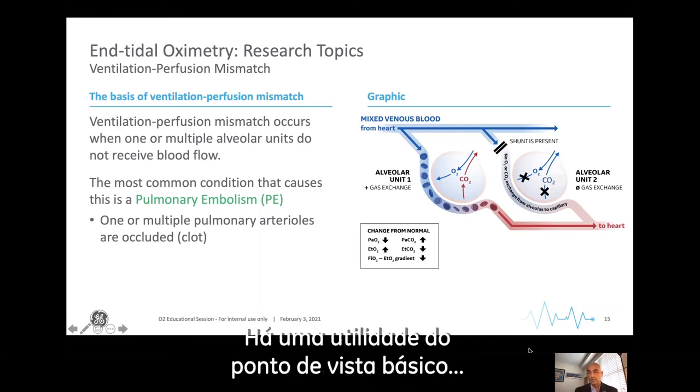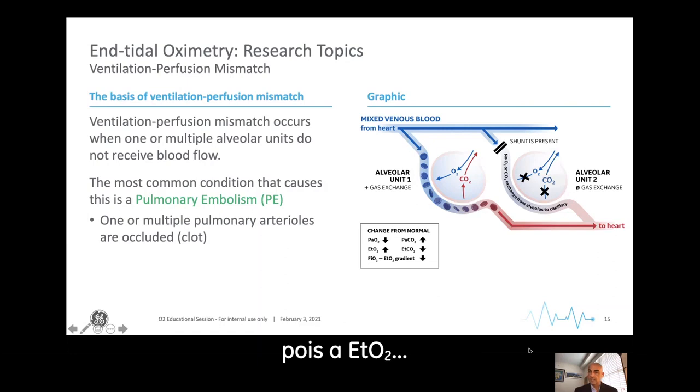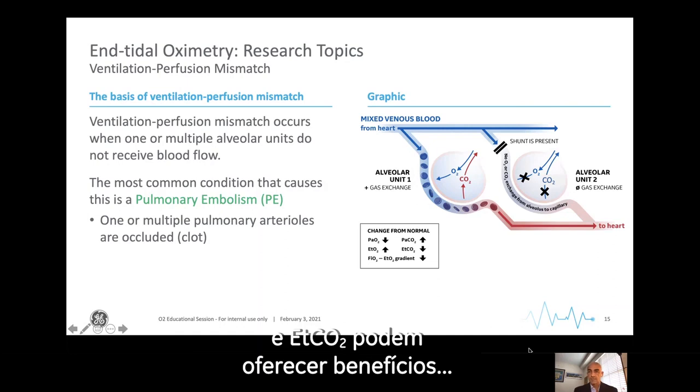So there is some utility, from a foundational standpoint, for end-tidal oximetry and end-tidal CO2 in pulmonary embolism.